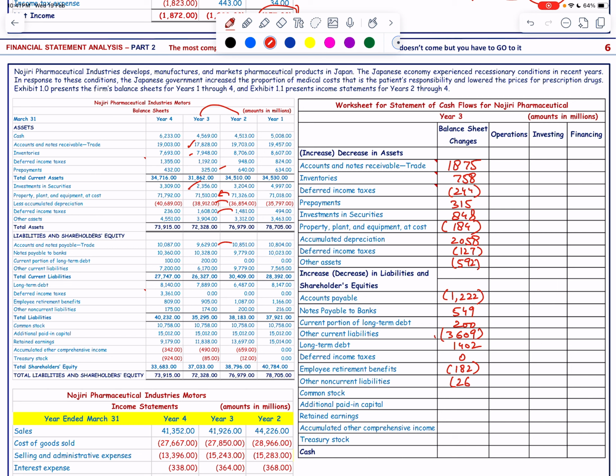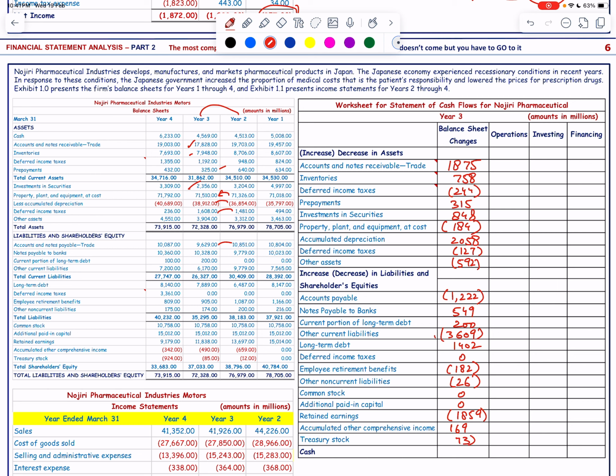Common stock, no change. Additional paid in capital, no change. Retained earning, there is a decrease by 1859. Accumulated other comprehensive income, there is an increase of 169, and treasury stock is decreasing by 73.